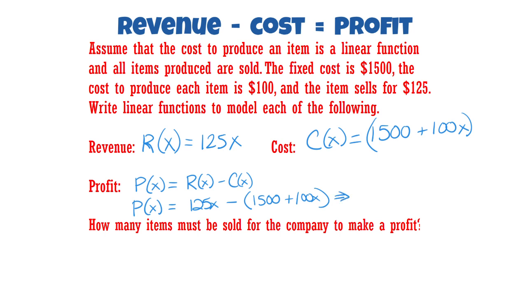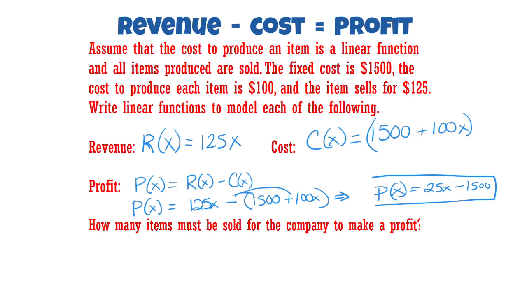I didn't give myself much room, so I'm going to work horizontally here. This minus sign is going to distribute. I'm going to combine like terms, so I have 125x minus 100x. So this is going to be my final profit function: 125x minus 100x is 25x, and then minus 1,500.